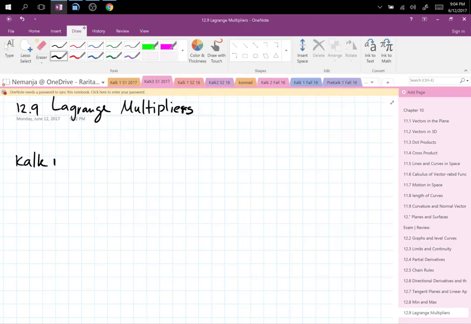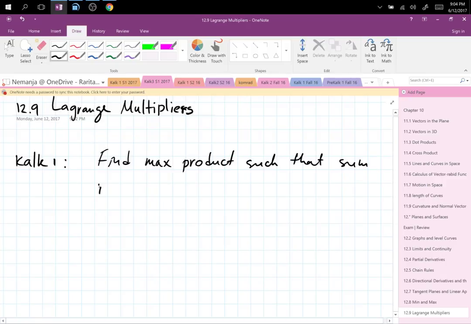So in Calculus 1, you would say find the max product such that the sum is, find x and y that will lead to the max product, right?